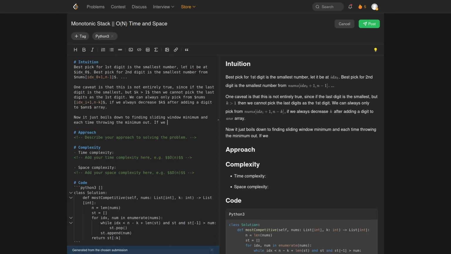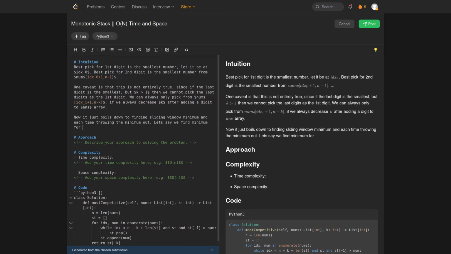If we use a deque, let's say we find the minimum from nums 0 to n minus k.